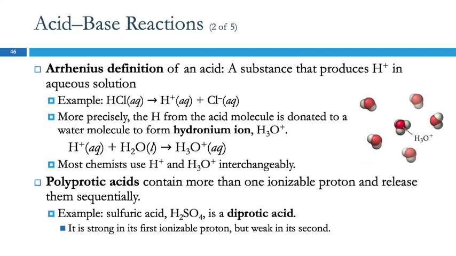So what happens is that the hydrogen ion is actually going to get a ride on a water molecule. The water molecule is going to be holding the hydrogen ion and carting it around because it's too small to be out by itself. So when that happens, we get an H3O plus ion, and this is called a hydronium ion, H3O plus.